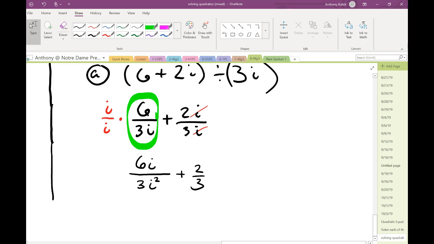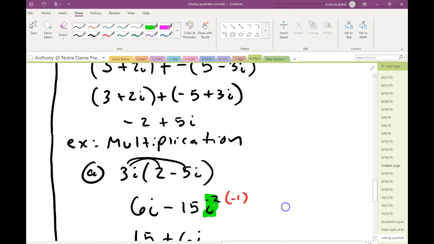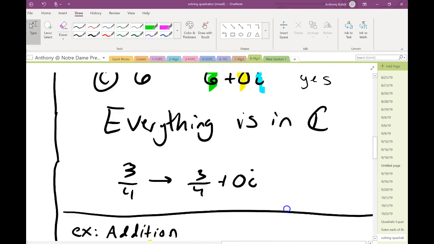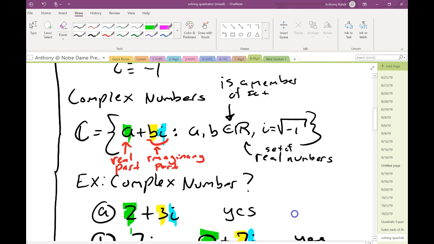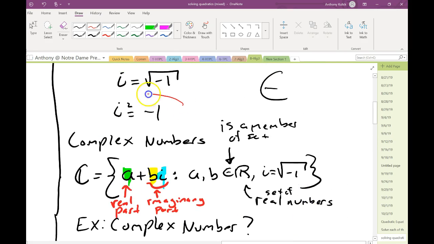But what does i squared equal? Is there any way to remember? So if we go all the way back, we remember that we said i squared was -1.